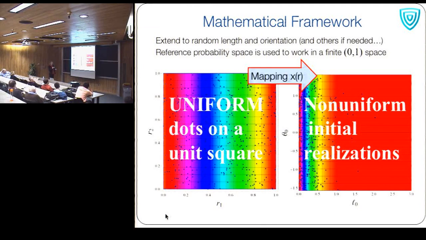So this is crack length and orientation, for example. You can see that I'm capturing many small flaws and very few large flaws. But in this space, it's totally uniformly distributed. And what's wonderful about this space is it goes from 0 to 1. It doesn't go from 0 to infinity. So it gives me a nice mapping back to the 0 to infinity space.